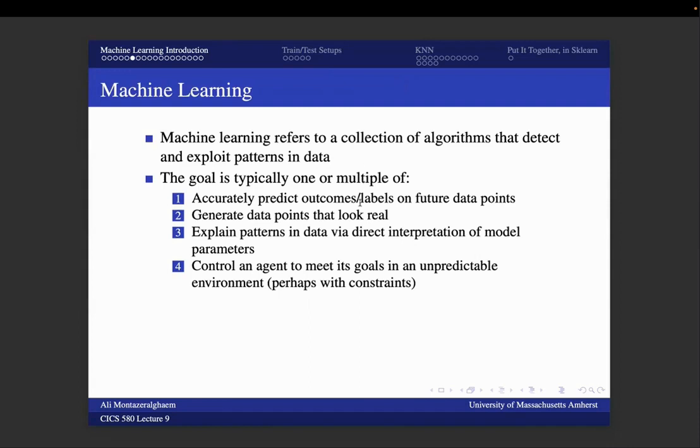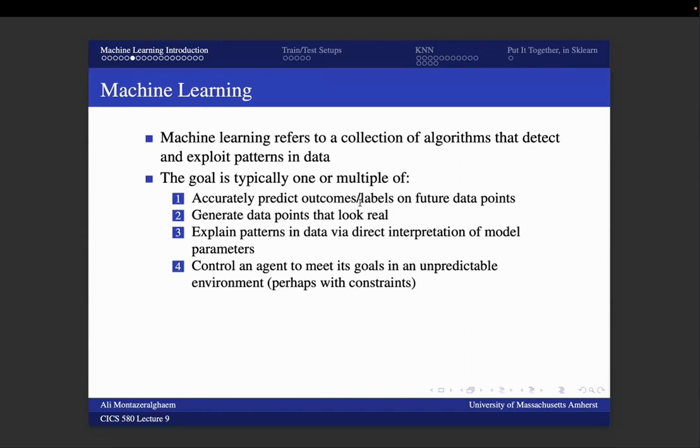So for the goal of machine learning, we can have four options. As a first goal, we want to predict some labels or outcome given some data points.